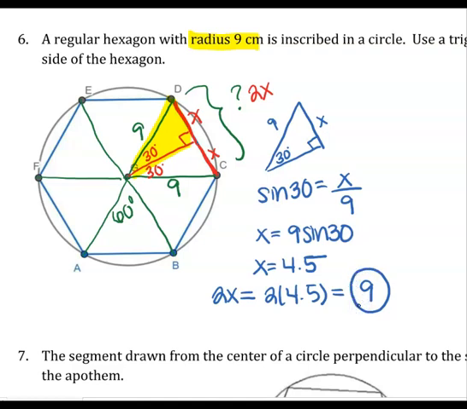Okay, now let's talk about this question for a second. There's a reason why I said use a trig ratio to find the length of the side of the hexagon. That's me forcing your hand to make you use trigonometry by using the sine of 30 equals x over 9. There's technically two other things you could do here. If you think about what we know from Unit 9, we know that this is technically a 30, 60, 90 right triangle.